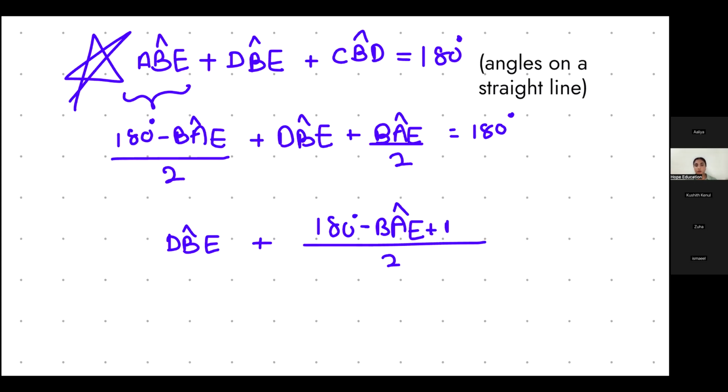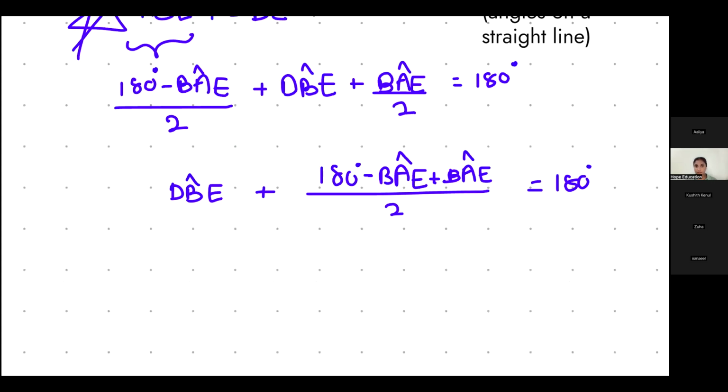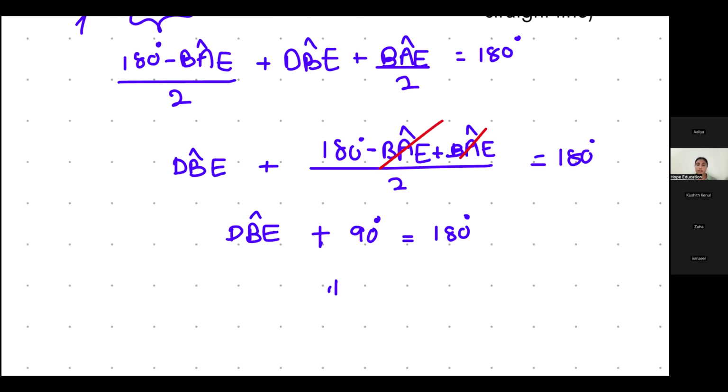By now you can probably see how this question works out. You can see it now, good? See, plus BAE and minus BAE cancel. So we have DBE plus 180 divided by 2, which is 90, equals 180. Then DBE, this 90 I'm going to bring to the other side. It becomes 180 minus 90.